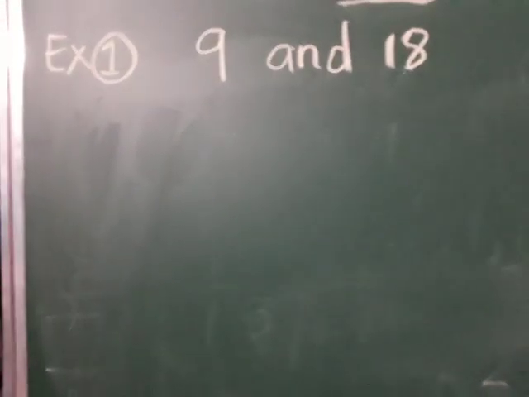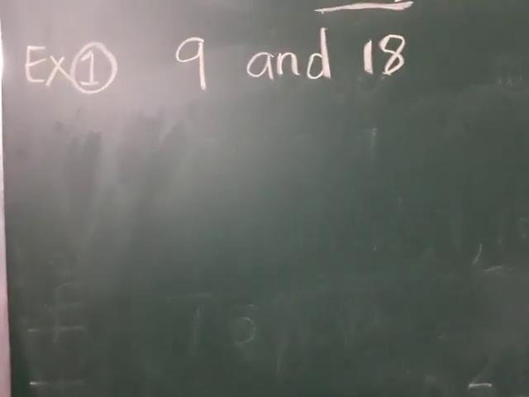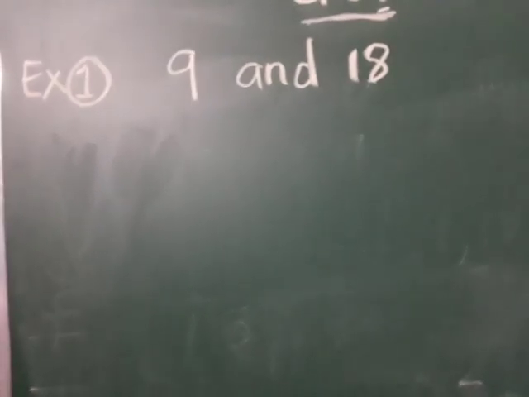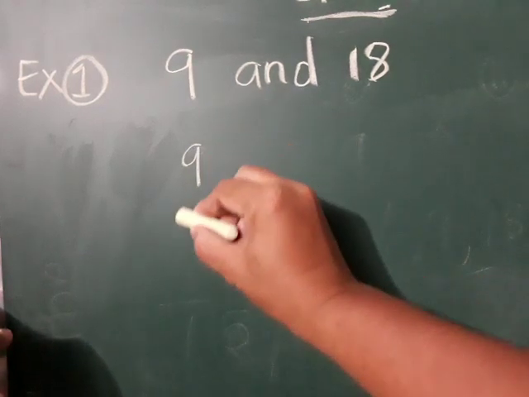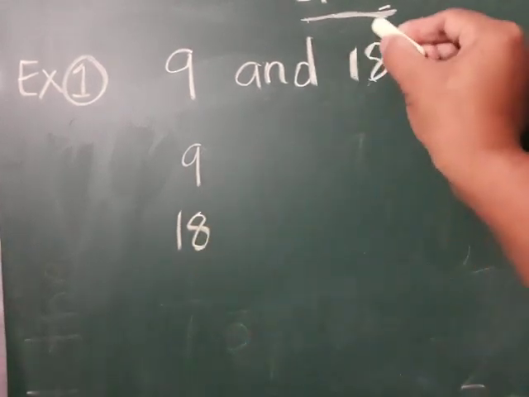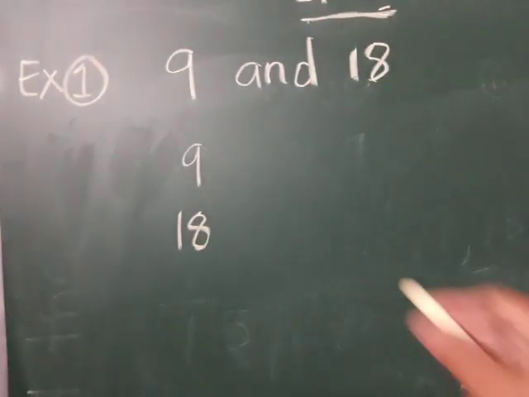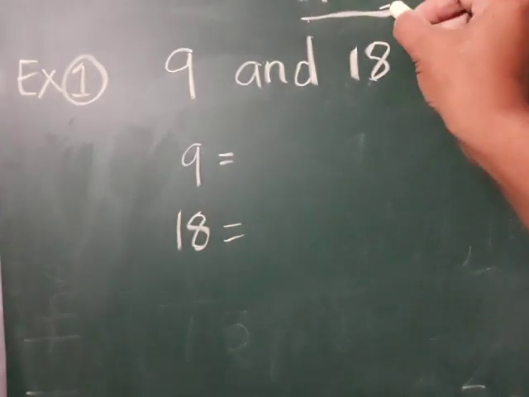Okay, we have an example here, 9 and 18. So we will do first the GCF by listing method. Okay, so let's write 9 and 18. Since we will do the GCF, of course, we're going to get their factors.